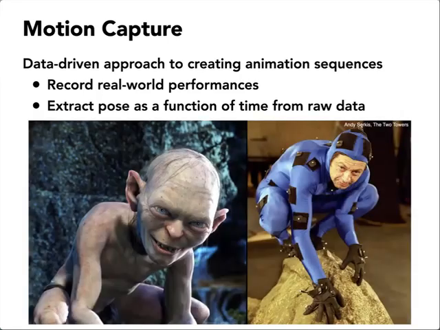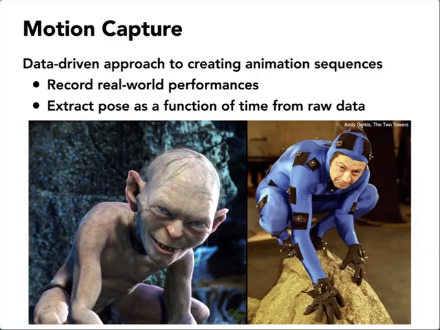One really famous example is Andy Serkis, controlling the character of Gollum in The Two Towers. This picture, I think, tells you a lot on the right-hand side. Andy Serkis is perched on top of a rock. He's wearing this odd blue suit, and there are little balls on the suit at various different locations.